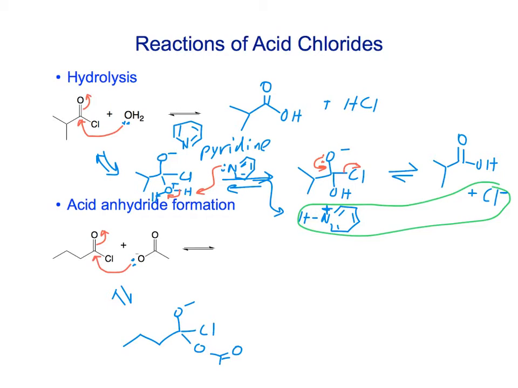Okay, so we've gotten to this tetrahedral intermediate. Chloride is the weaker base, so it's the better leaving group. And so these electrons come down this way.